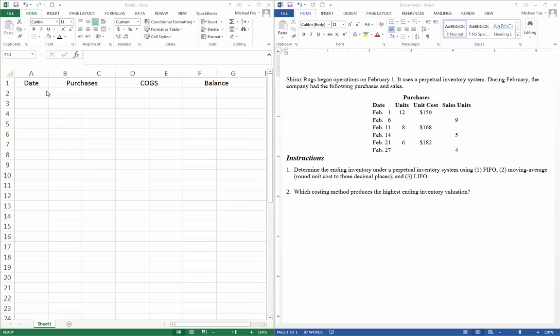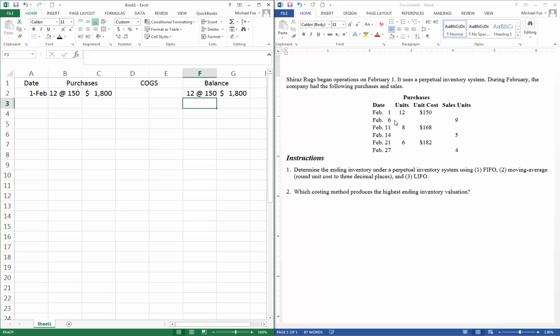So determine our ending inventory under first in, first out. Here's what we're going to do. On February 1st, we purchased 12 units. So I'm going to say 12 at $150, or a total of $1,800, which will give us a balance of 12 units at $150 a piece, which is $1,800.